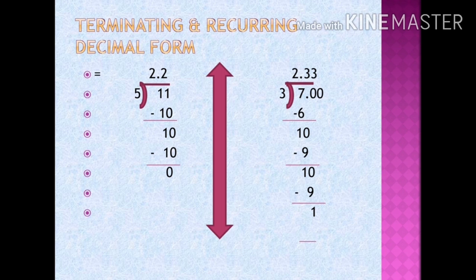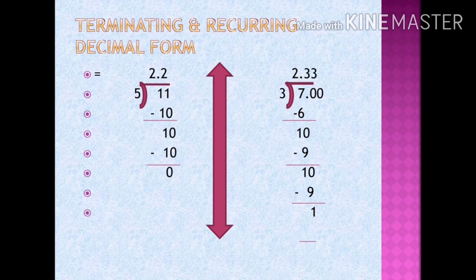So 11 minus 10 is equal to 1. Now next to 1 we put 0 and a decimal point in the quotient. Then it becomes 10. 5 twos are 10. Again 10 minus 10 is equal to 0. So it becomes 2.2.